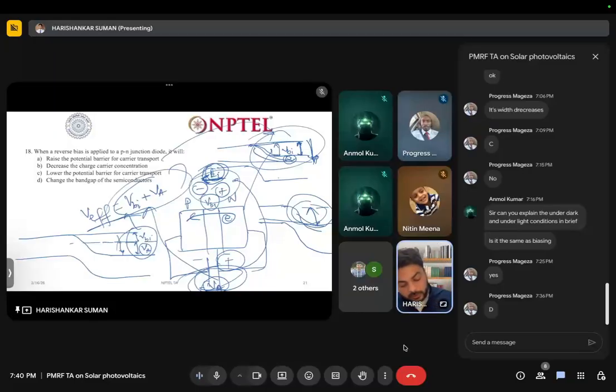In other words, majority charge carriers in reverse bias get away from this junction.